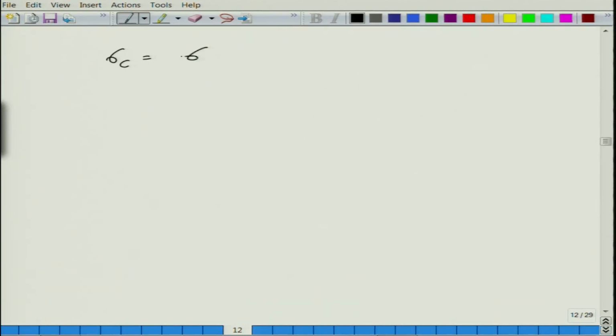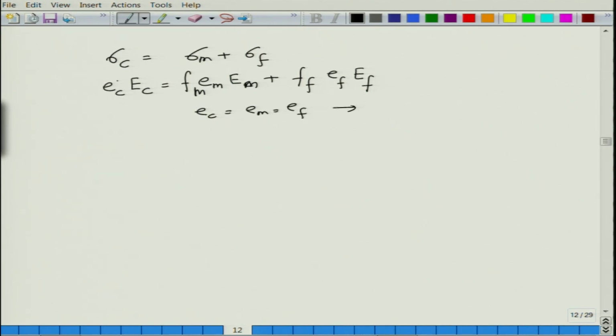If you have sigma c is equal to sigma m plus sigma f, you can write sigma as Ec into epsilon c, and this would be equal to Em into epsilon m plus Ef into epsilon f, with the volume fractions Fm and Ff. Since epsilon c is equal to epsilon m is equal to epsilon f, which means it is an iso strain condition, and this is in the elastic region, one can write, you can see here the epsilons will cancel.